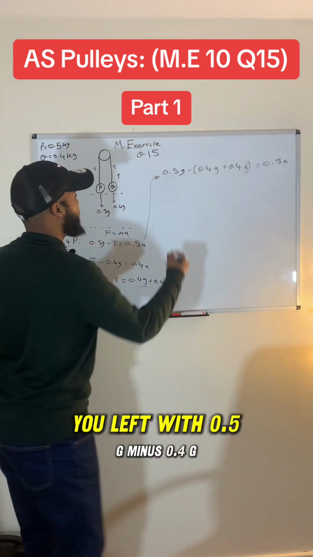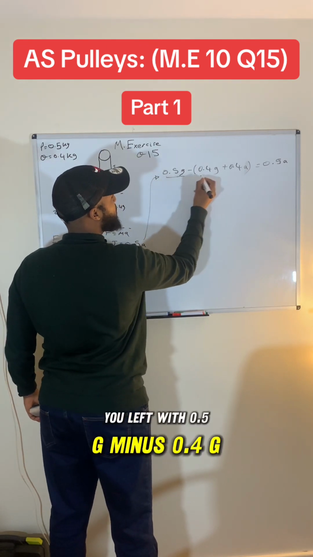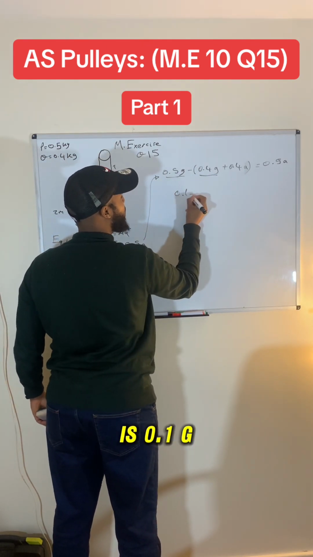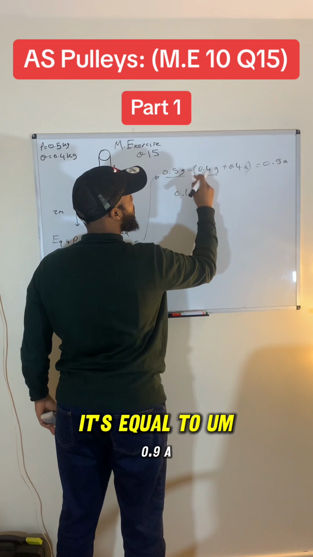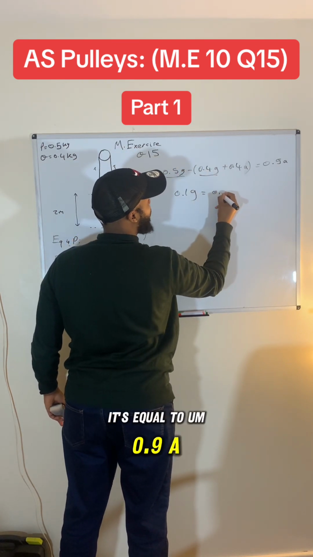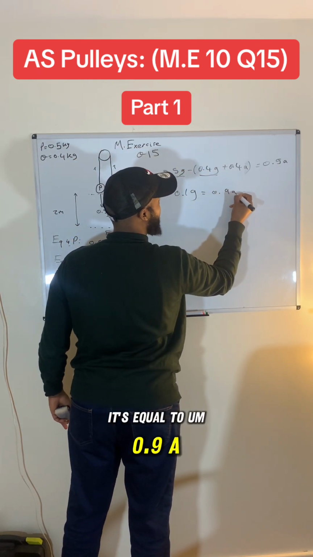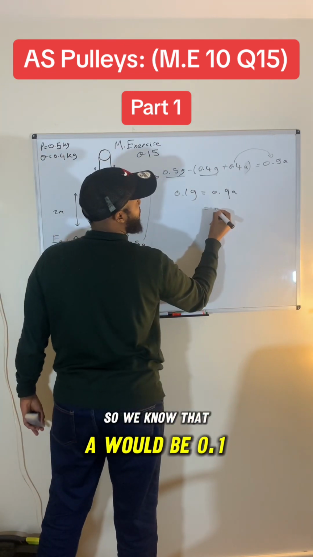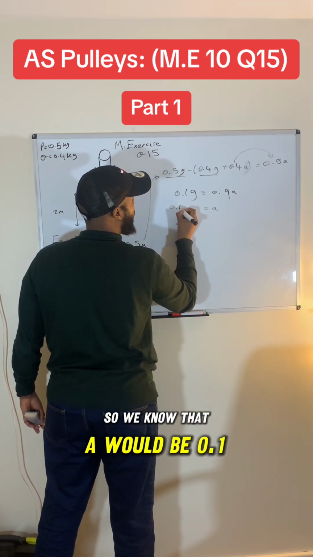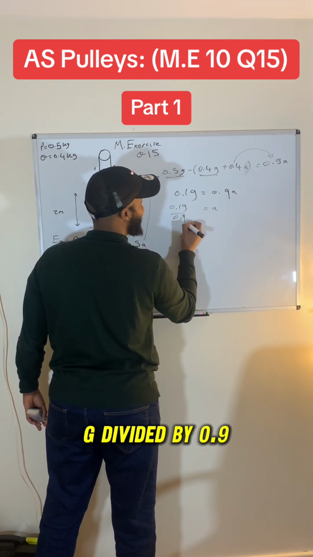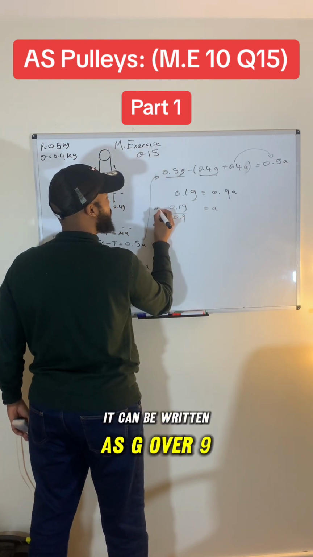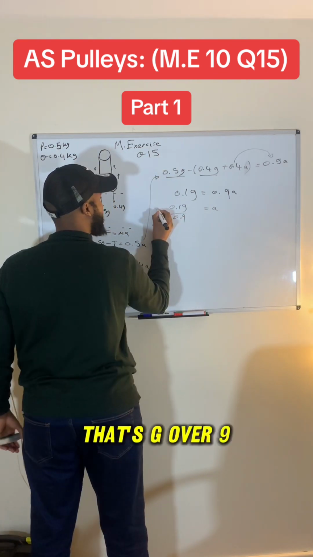Expand the brackets, you're left with 0.5 G minus 0.4 G is 0.1 G, is equal to 0.9 A. So we know that A would be 0.1 G divided by 0.9. This can be written as G over 9.